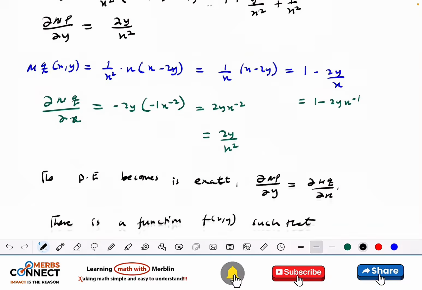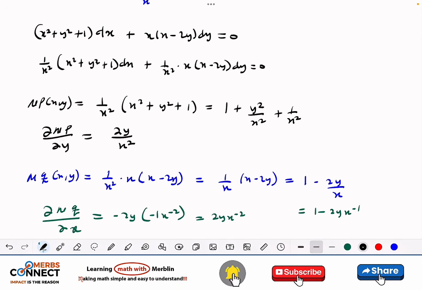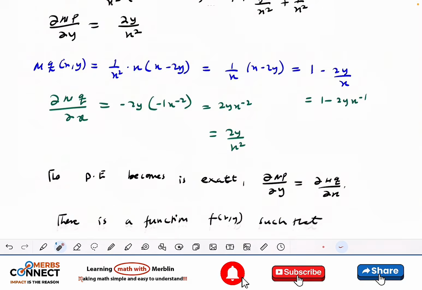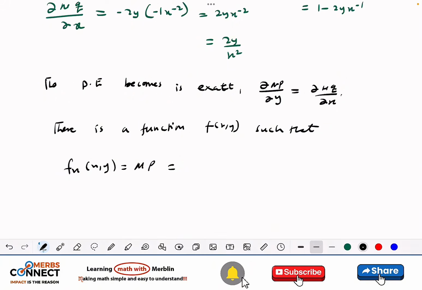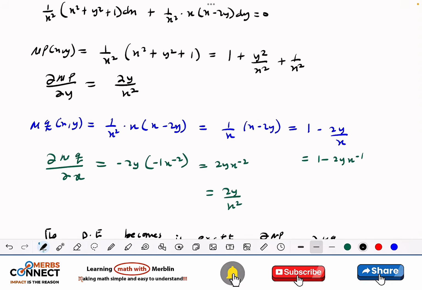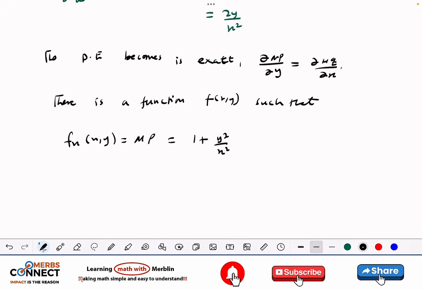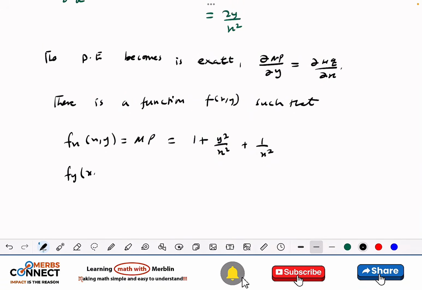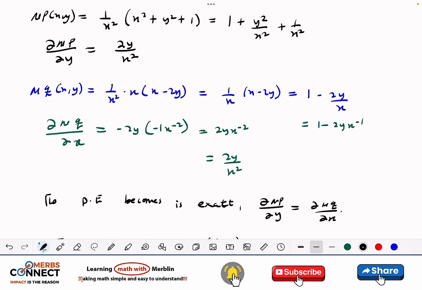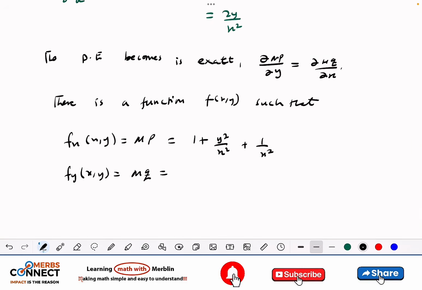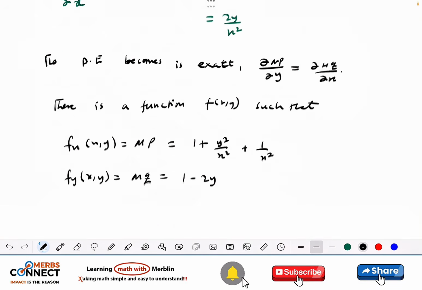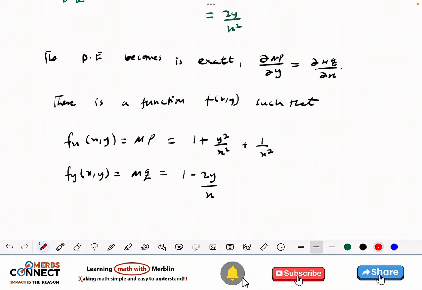What's mu of p? It is this: 1 plus y squared over x squared, and then 1 over x squared. Then when I differentiate it with respect to y, that's mu q, and that one is 1 minus 2y over x. So let me call this equation 1, equation 2.